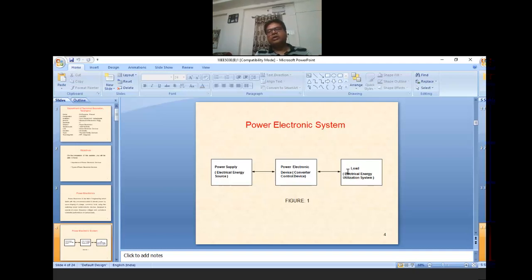If you want to increase or decrease the current fed to the load, if you want to increase or decrease the voltage, or if you want to control the frequency, or if you want to filter the ripples or the harmonics in the waveform which are going to enter the load, these power electronic devices will do the needful.